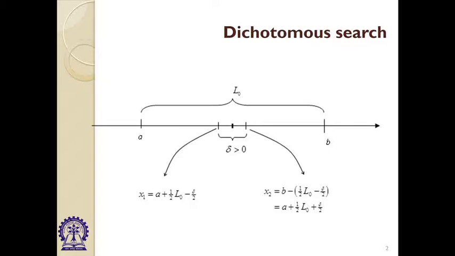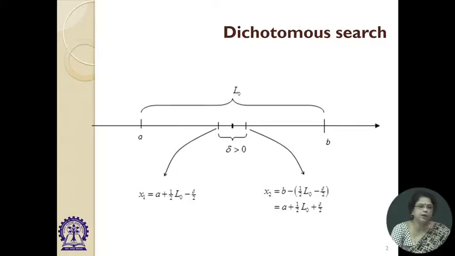One is x1 and another one is x2. x1 is the point that will be delta by 2 distant from the middle value of that interval. That is why x1 will be a plus half into L0 minus delta by 2, and similarly x2 will be on the right hand side of the middle value of the initial interval of uncertainty, and that would be delta by 2 distant. That is why the value would be a plus L0 by 2 plus delta by 2.